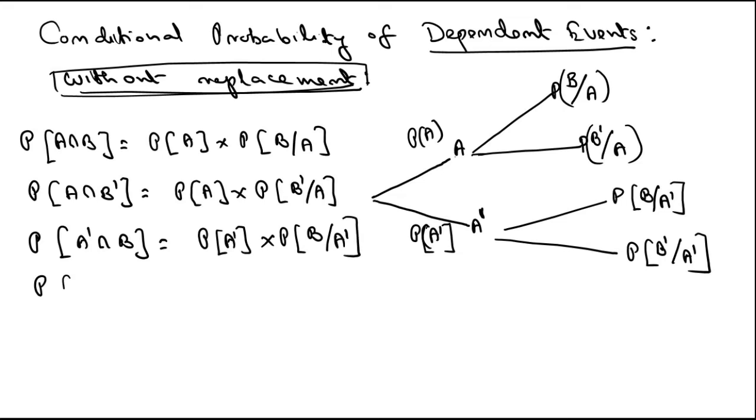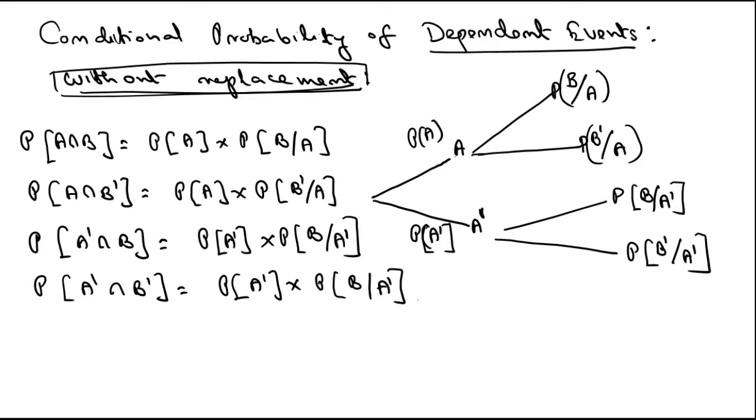Fourth, probability of A complement intersection B complement equals probability of A complement into probability of B complement given A complement. So these are the multiplication theorem of dependent events, or we can say the conditional probability of dependent events.